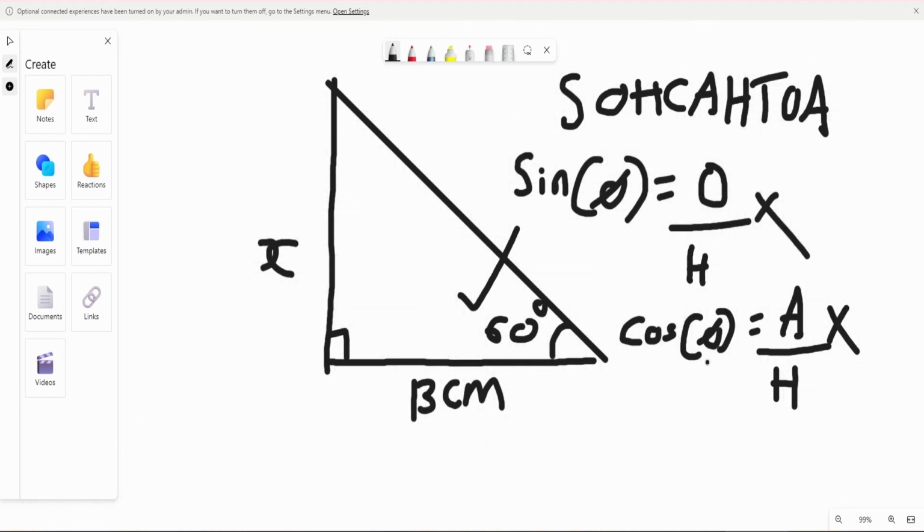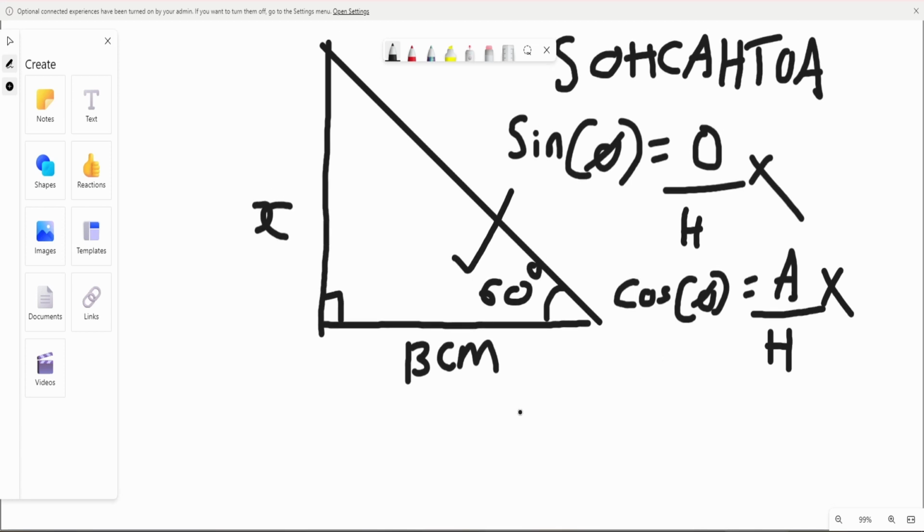Now, let us look at the tan. So tan of theta equals opposite divided by adjacent. The opposite is the length of the side opposite to the angle.